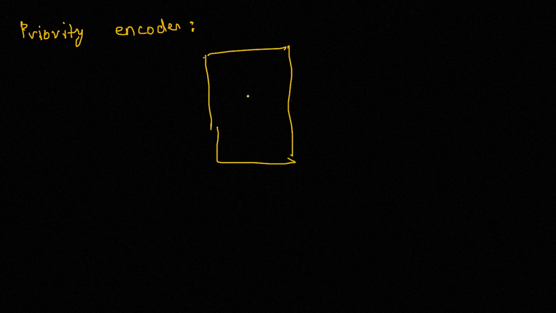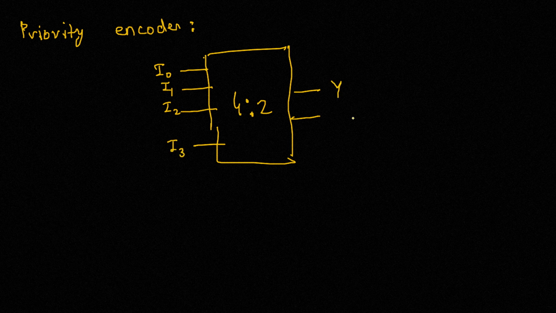Okay, the last type of encoder that we have is called a priority encoder. So, like I mentioned, an encoder has m outputs and 2 to the power m inputs. So let's take the example of a 4 is to 2 encoder where we are given 4 inputs, I0, I1, I2 and I3, and 2 outputs, let's say Y1 and Y0.